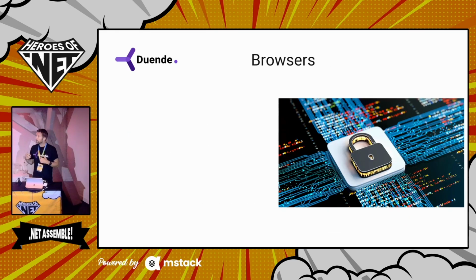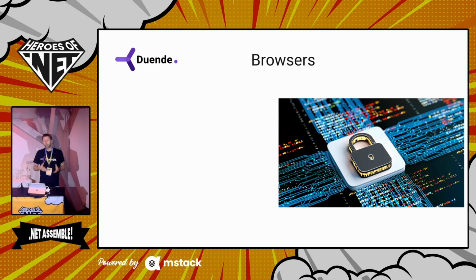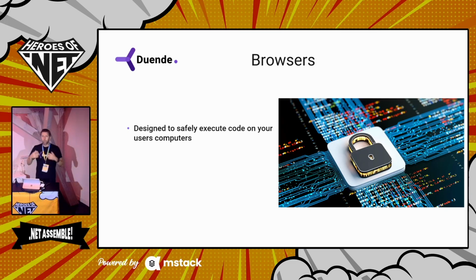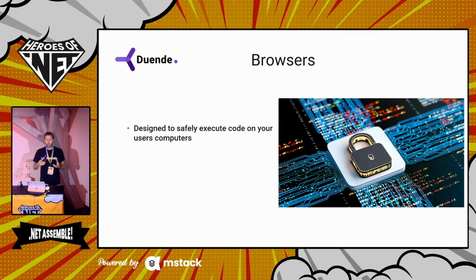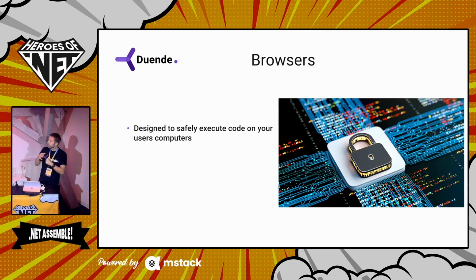Now, the other thing I put in the title is browsers, right? I mean, access tokens in the browser. Well, browsers are interesting pieces of technology. They are designed to execute strange code from all kinds of parties, in a reasonably safe manner, right? When you go on a website, typically it downloads code from all over the place.